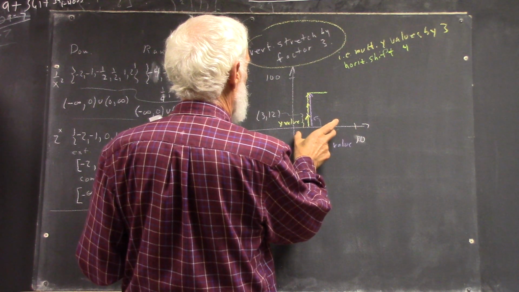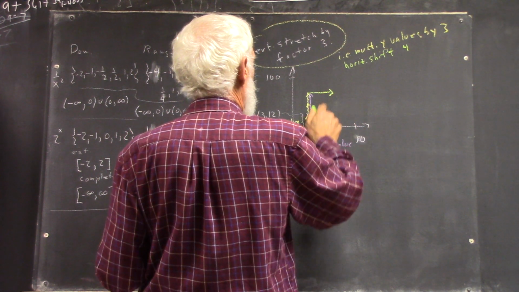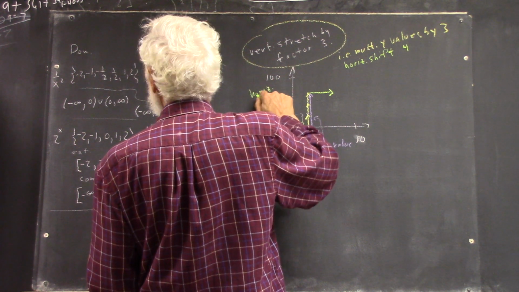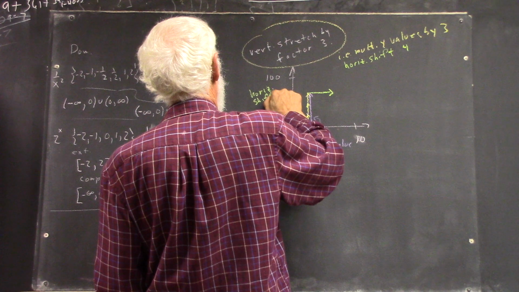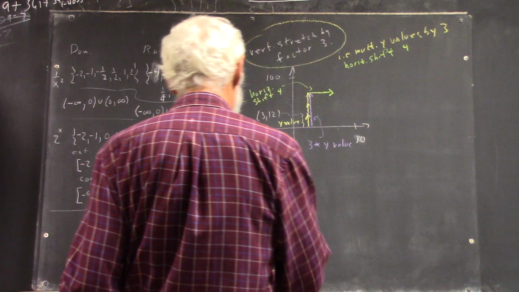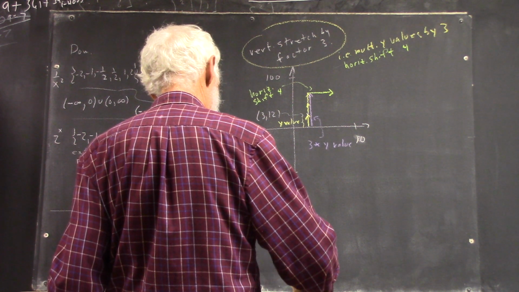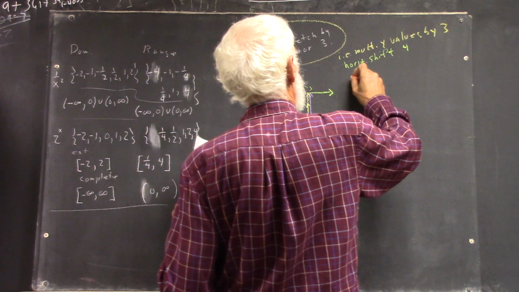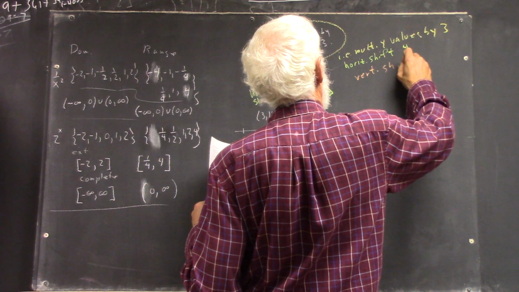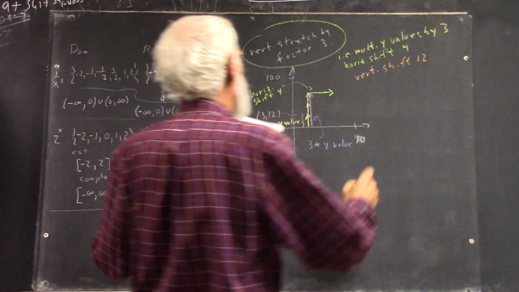Well, there's 10, so there's 5. 4 is not much less than 5, so it's going to be like this. There's your horizontal shift of 4. And then we do a vertical shift of, let's say, 12. That 12 is a number I had there.